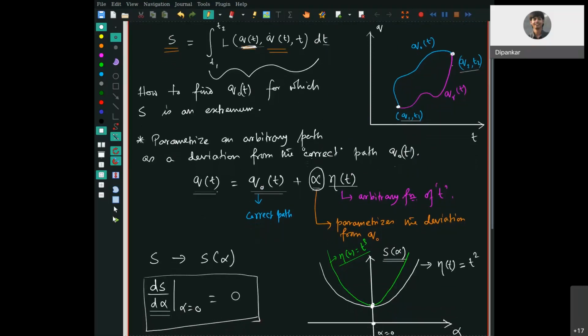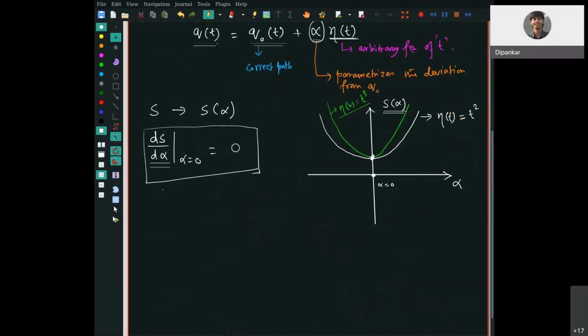And now, another thing this eta(t) should satisfy is that at these endpoints the deviation should be 0, because q0(t) already passes through these 2 points. So eta(t) should be such that eta(t1) = eta(t2) = 0.